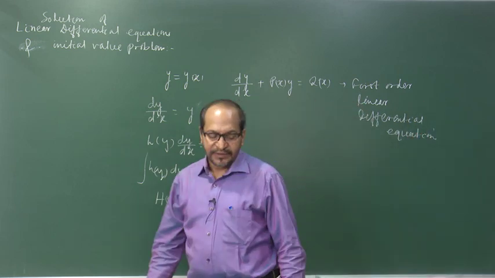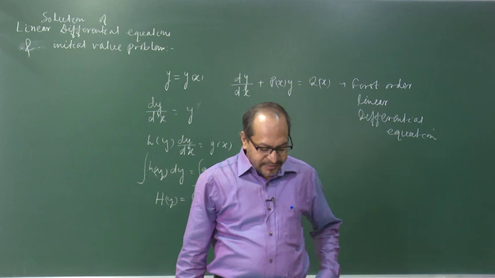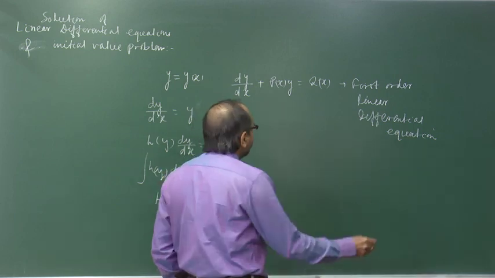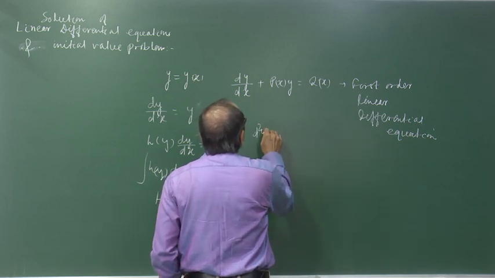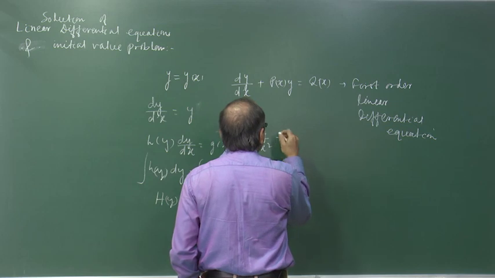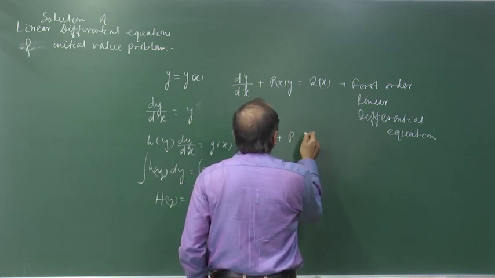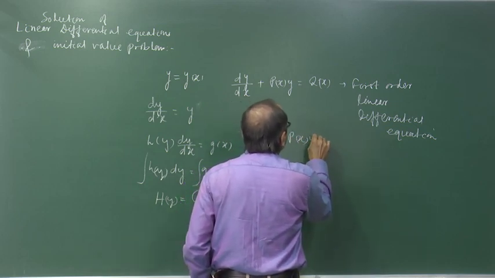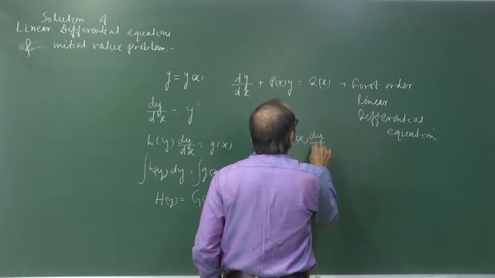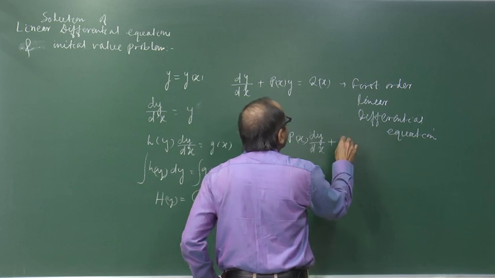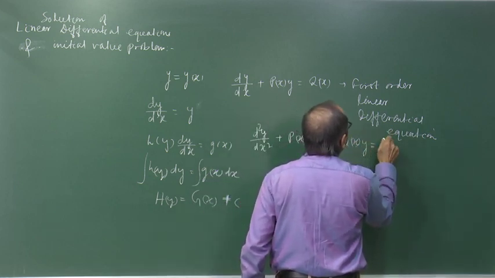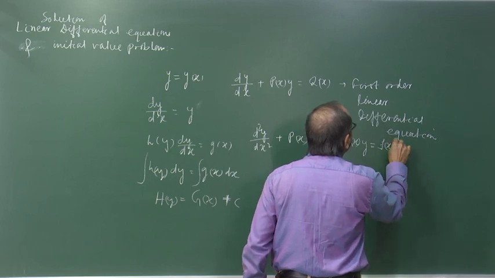Similarly, we can write the second order differential equation in the general form as d square y by dx square plus p of x into dy by dx plus q of x into y is equal to some function f of x.